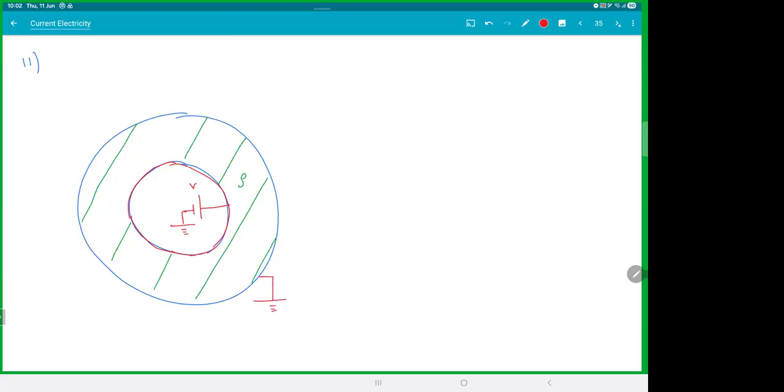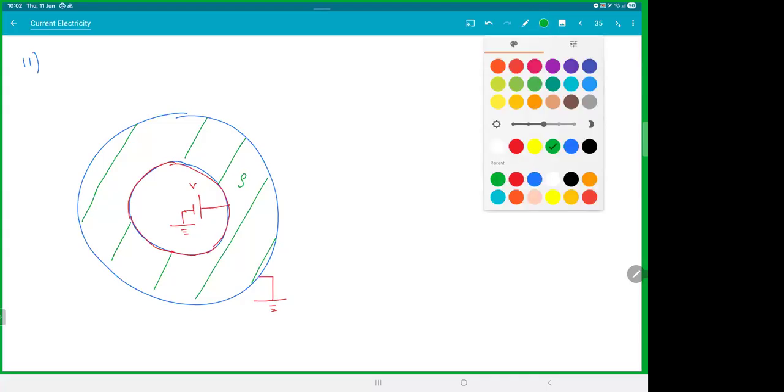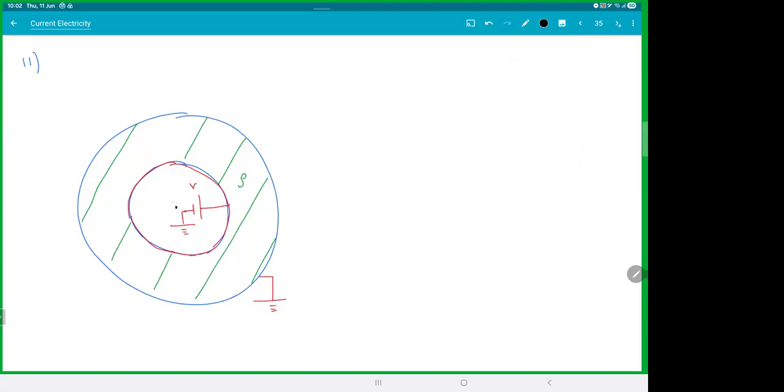Meaning, what will be the potential now? This inner shell will have a potential V, and the outer shell will have zero potential. The inner radius is A, and the outer radius is 2A. This is a conducting shell, conducting concentric shells with a medium.